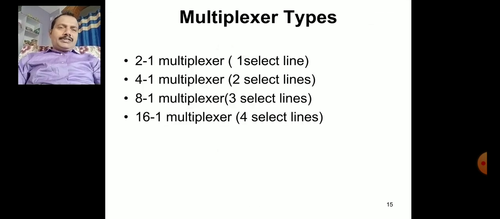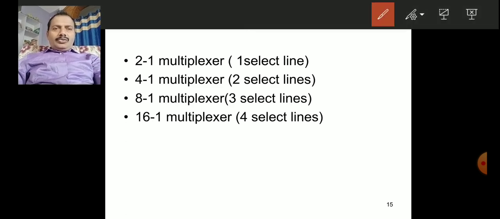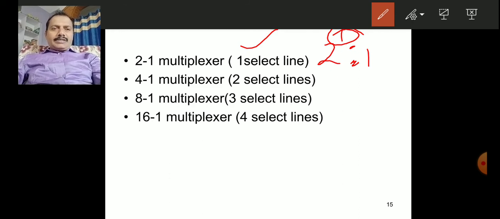So let us consider multiplexer types. 2 to 1 multiplexer. So 2 to 1 means how many selection lines do you have? 2 to 1 means it is 2 power 1 to 1. That means only one selection line is enough. And the 4 to 1 multiplexer, 2 select lines.